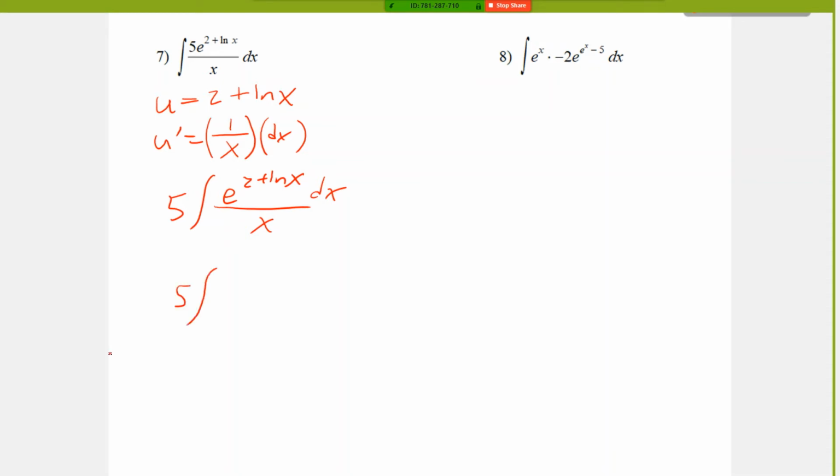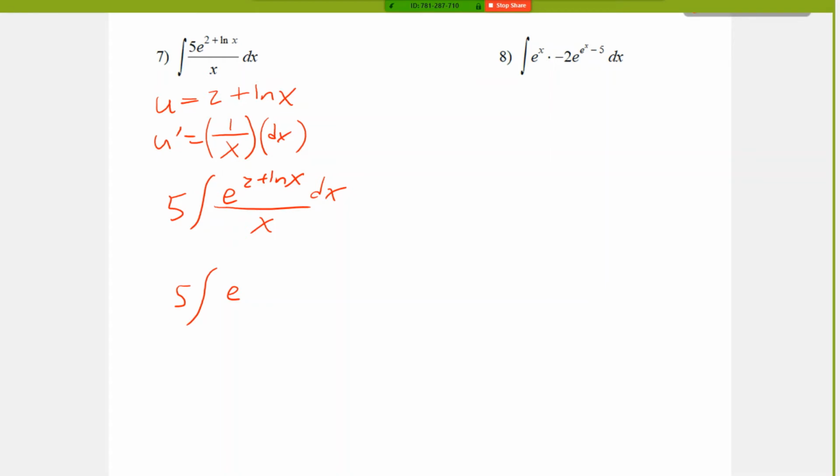Then it's going to be e to the... not just 1 over x, and that's it. I'm going to replace all of my x's with u's. So anytime you see a 2 plus ln x, replace it with u. Anytime you see a 1 over x dx, replace it with u prime. So this would be 5 integral of what?